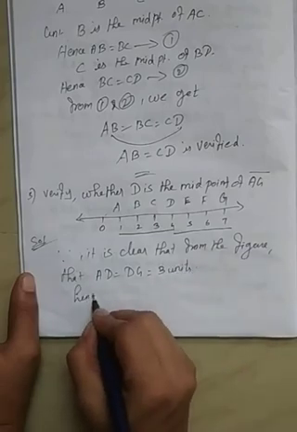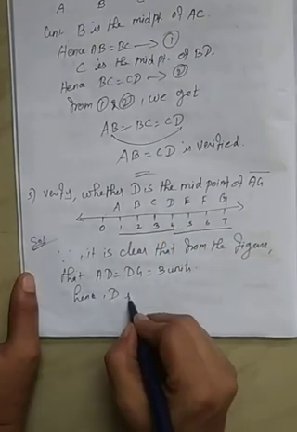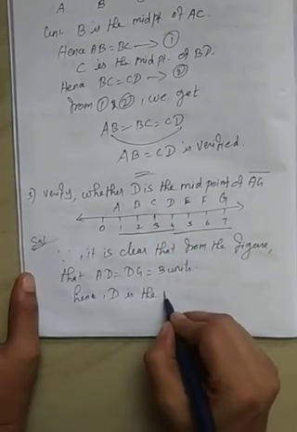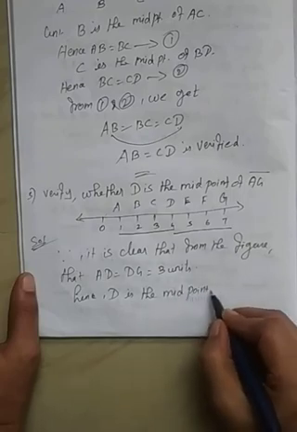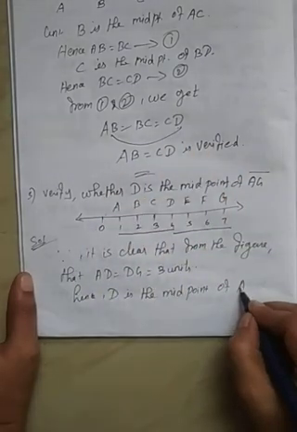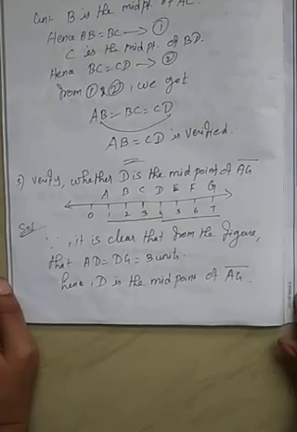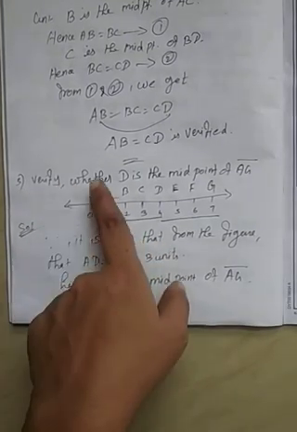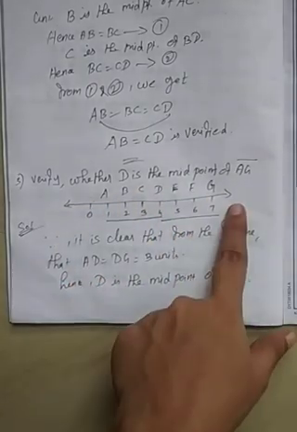Hence, D is the midpoint of AG. Everybody clear? Okay. What is that? Verify whether D is the midpoint of AG. See this line.